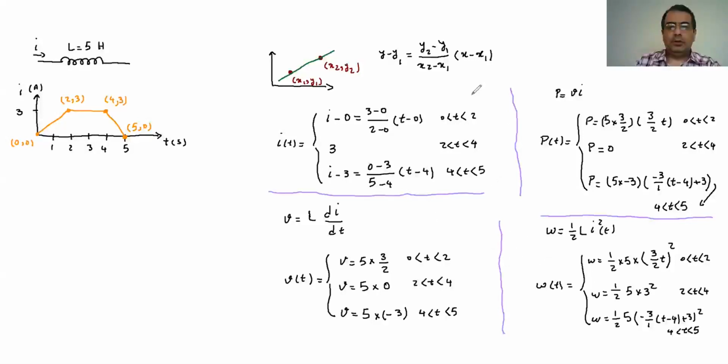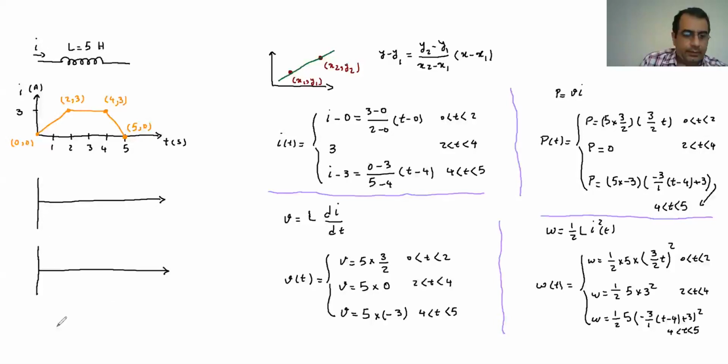So these are the 4 cases that we used. And if I try to draw them again schematically, so I can go ahead and see how it changes. So if I go ahead and say, this is the V. So that's going to be the voltage, and then we have one for the power and one for the energy.